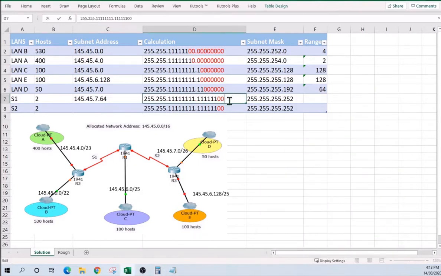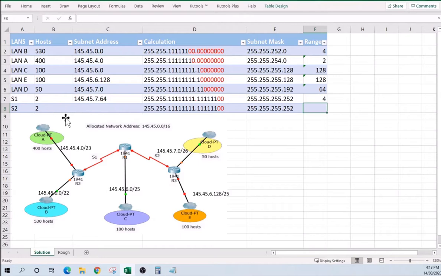I'm going to use 2 bits from the rightmost side, and when I calculate the subnet mask, this value is 255.255.255.252, and the range would be again 256 minus 252, which would come as 4.